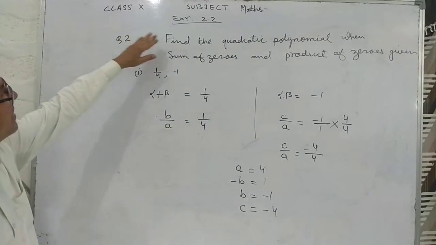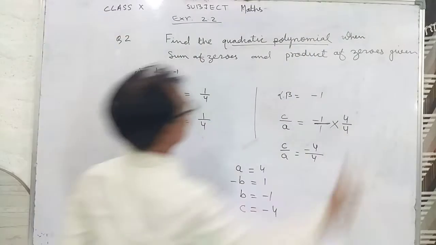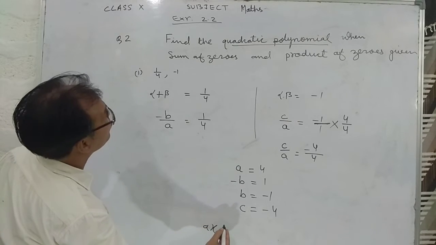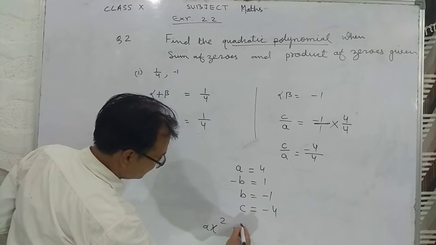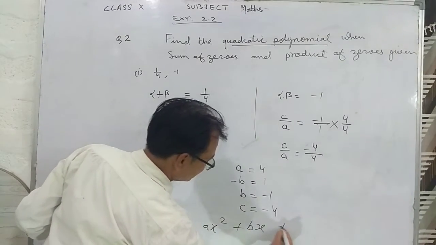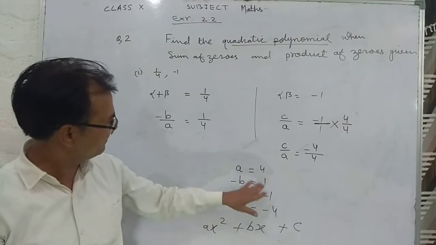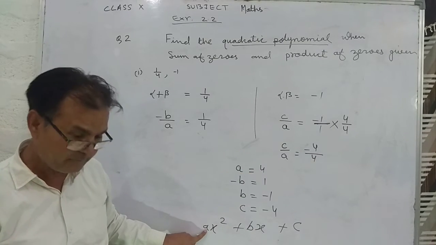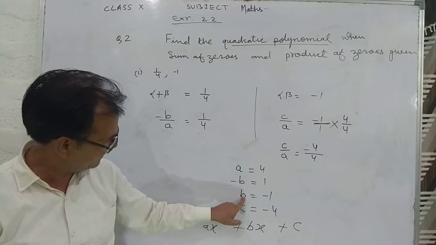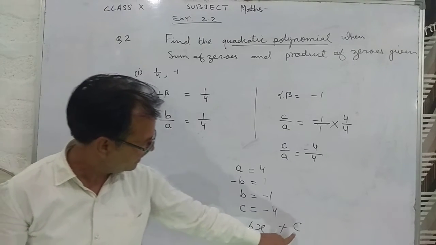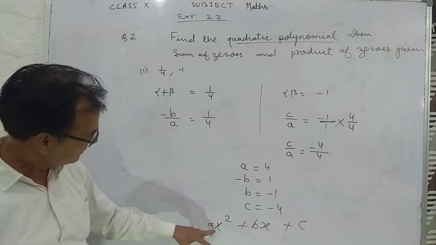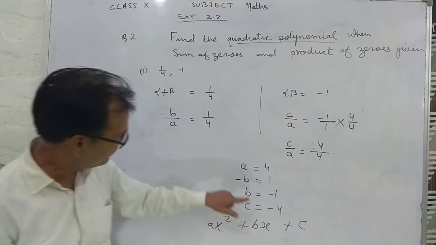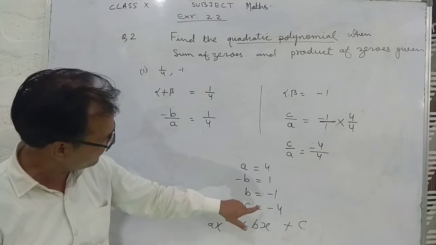Now we write the standard form of quadratic polynomial as ax square plus bx plus c. Now we replace these values. A as 4, b we replace minus 1 and c minus 4.